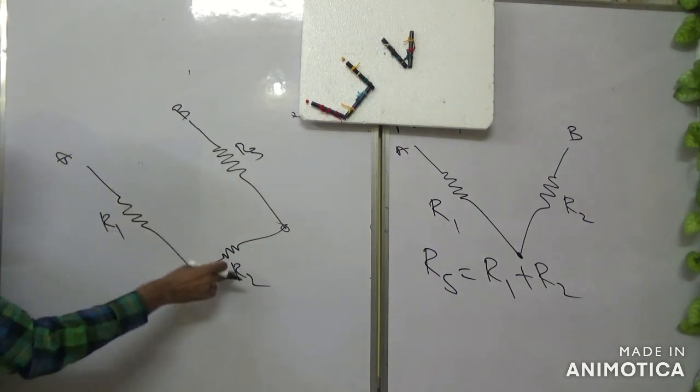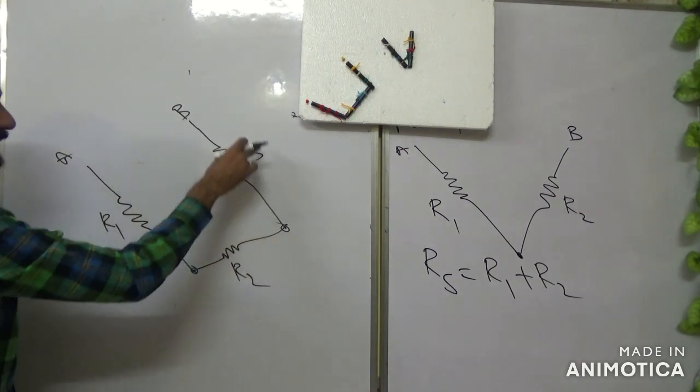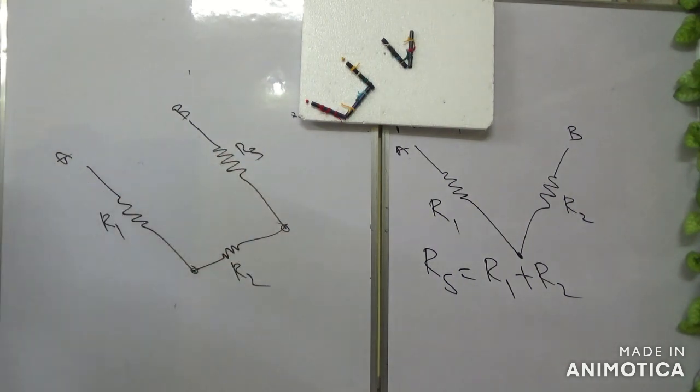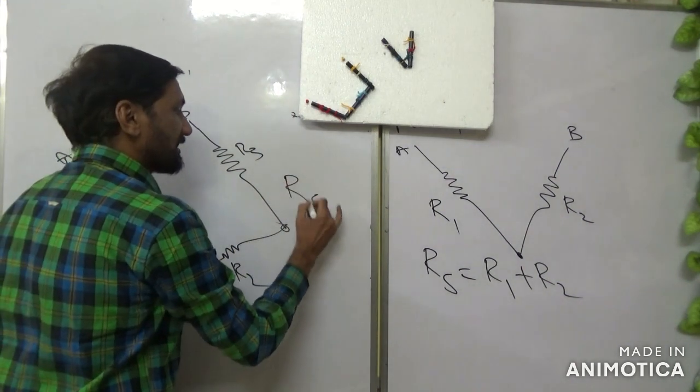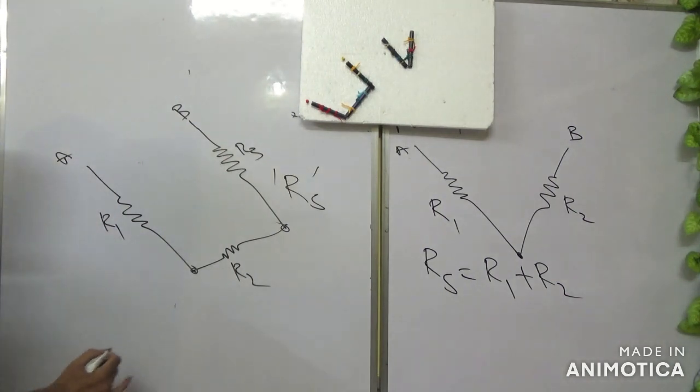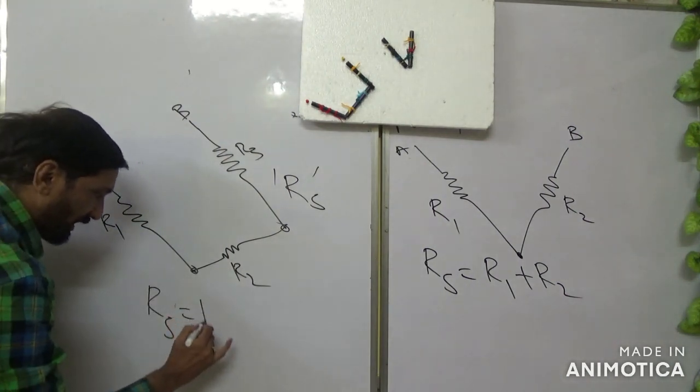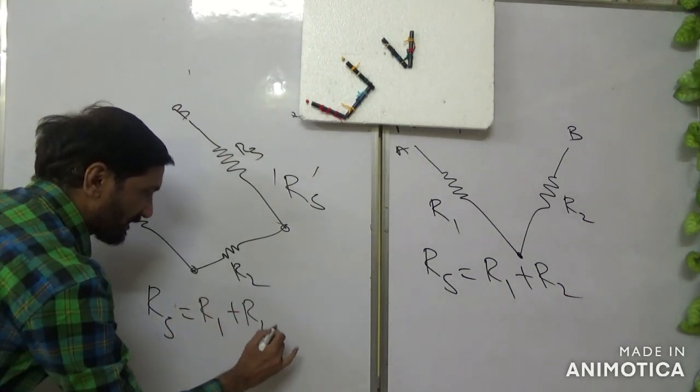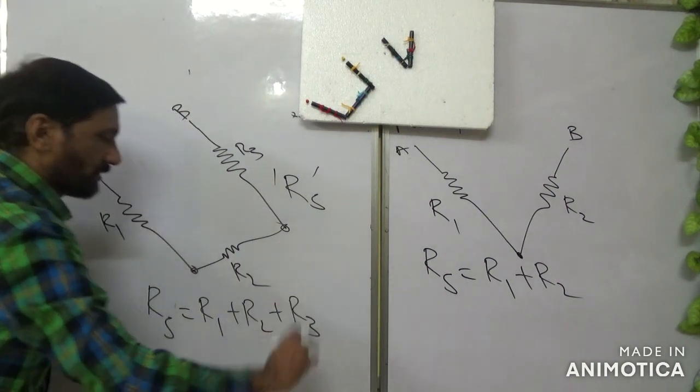For first and second, this end is common; for second and third, this end is common. So only when one end is common, it is series. So what is the effective resistance? R1 plus R2 plus R3.